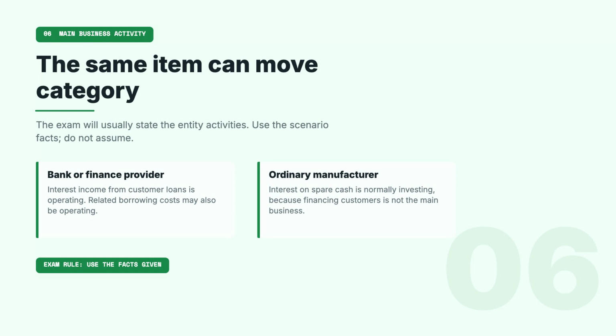If the bank borrows money to provide that finance, the related borrowing costs may also be operating. But if a normal manufacturing entity simply earns interest on spare cash, that interest income is investing. In the exam, do not assume. Use the facts given. If the scenario says the activity is not a main business activity, respect that.